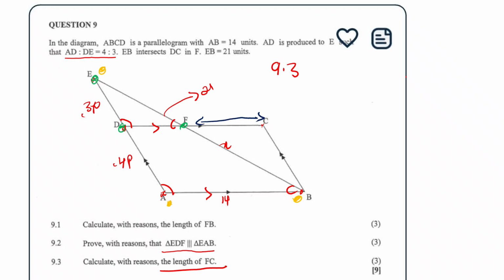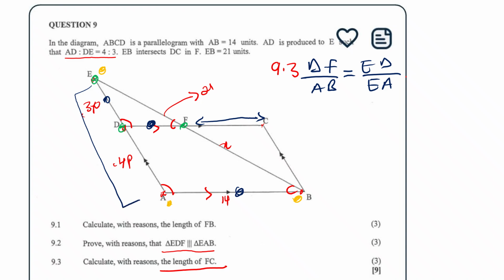Therefore we can say DF over AB is equal to ED over EA. The reason being similar triangles.